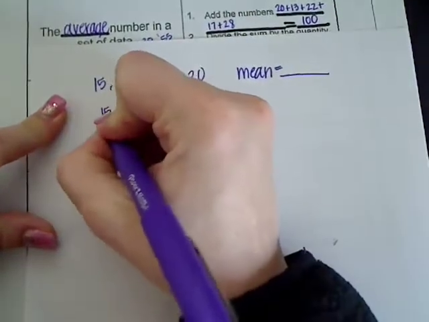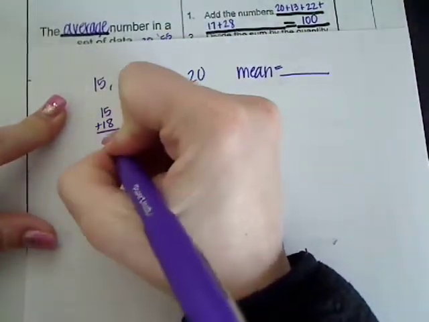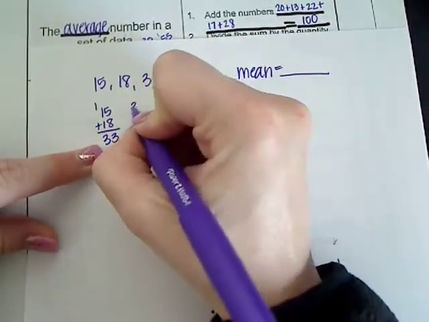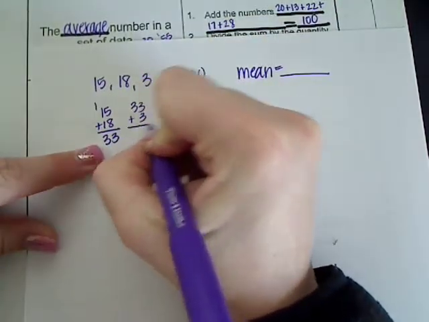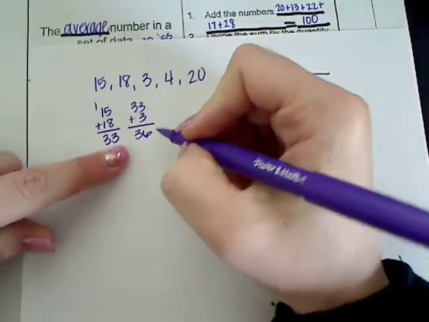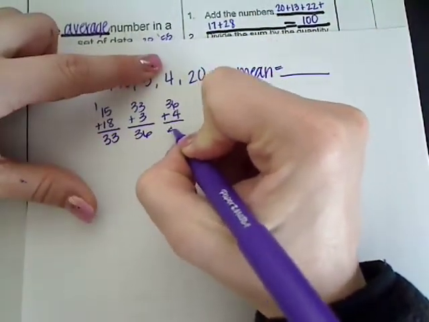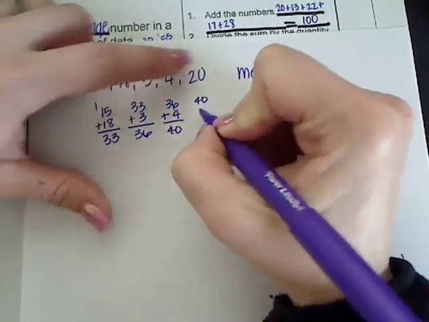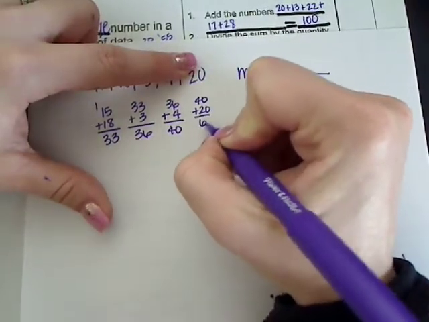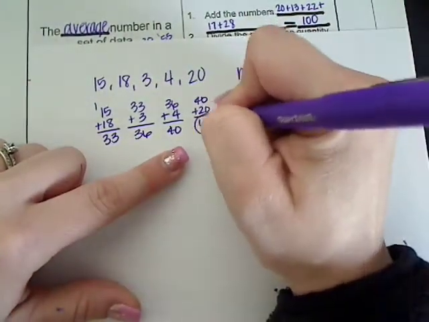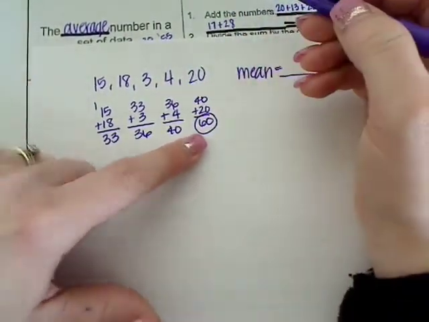So 15 plus 18 is 33. Then 33 plus 3 is 36. And then 36 plus 4 would get us 40. And 40 plus 20 would get us 60. So after I add all the numbers up, I have a total of 60.